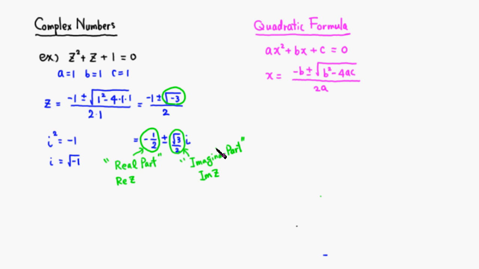So this kind of strange expression can be expressed as a pair of real numbers. The imaginary part is a real number, and the real part is also a real number.